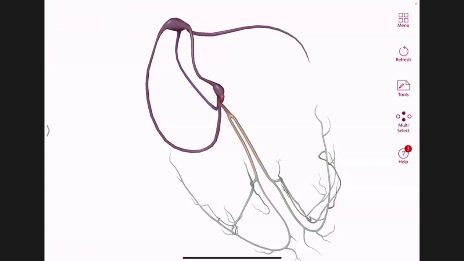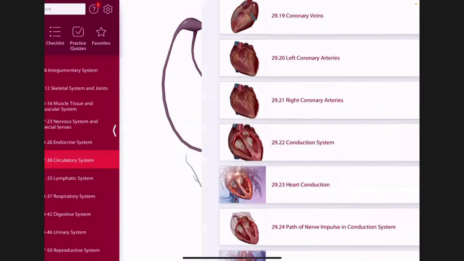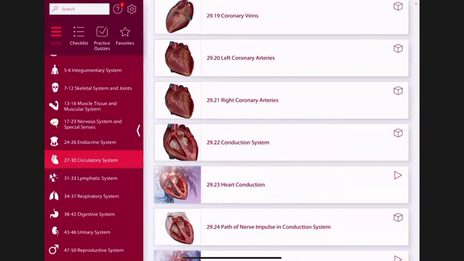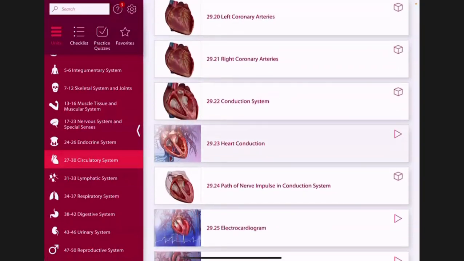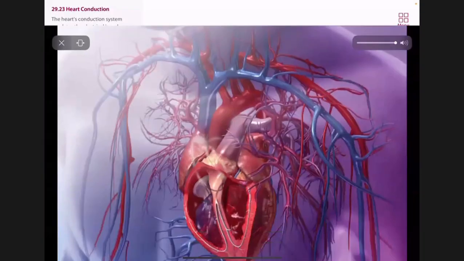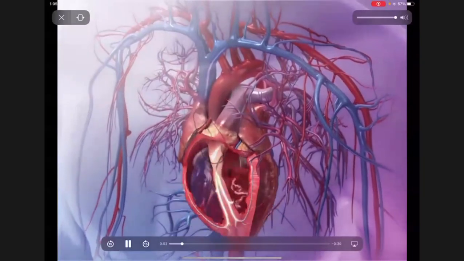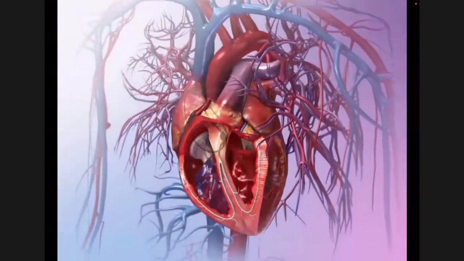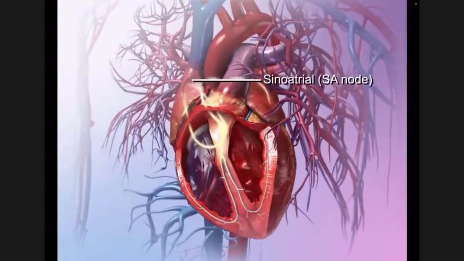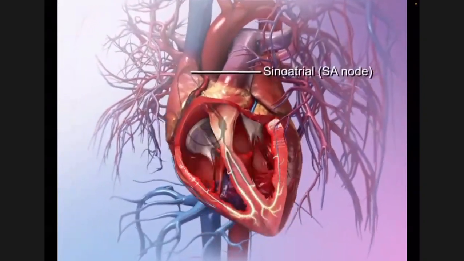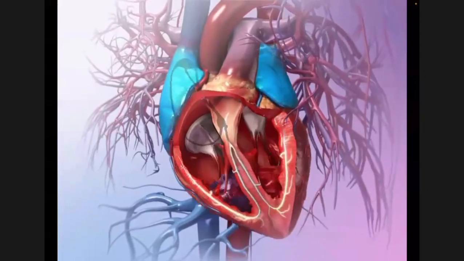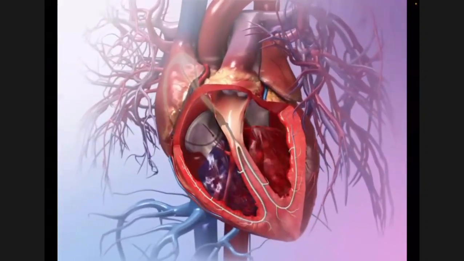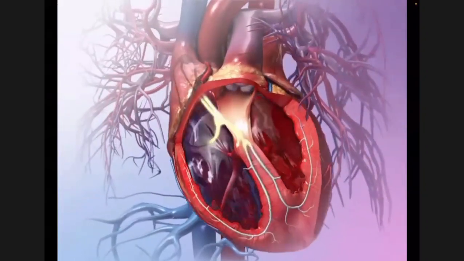Okay, now how the conduction occurs in the form of electric signals, you can see in this video. The heart's conduction system regulates the electrical impulses that make the heart beat. An impulse begins in a bundle of nerve tissue called the sinoatrial or SA node. The impulse spreads towards the atria, and it is going to the AV node also. The impulse makes the atria contract and blood empties into the ventricles.